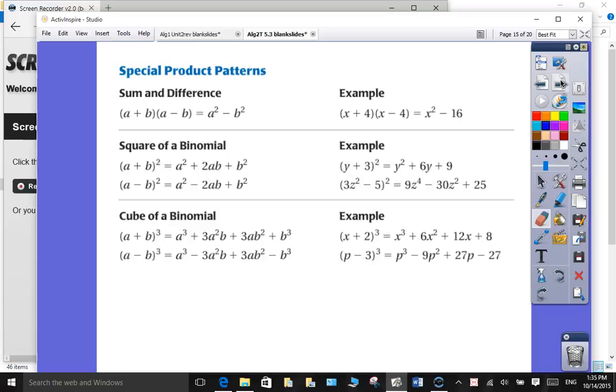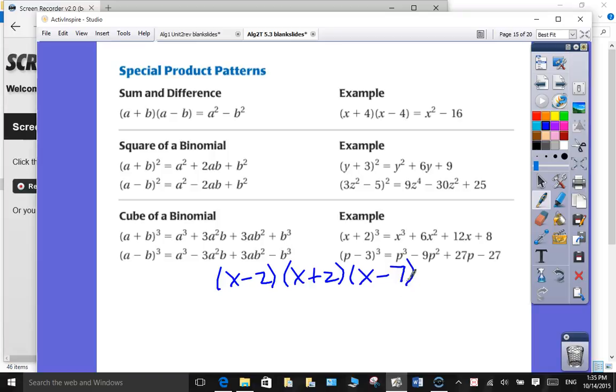For example, what if I had to multiply 3 factors, like we did on the last slide? And 2 of them were (x - 2) times (x + 2) times (x - 7), let's say.